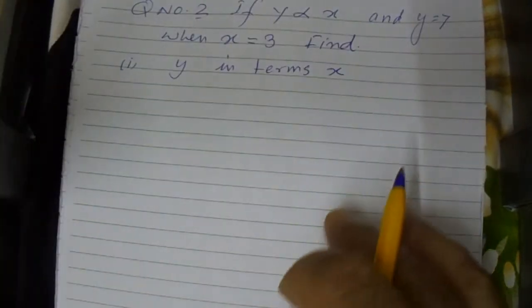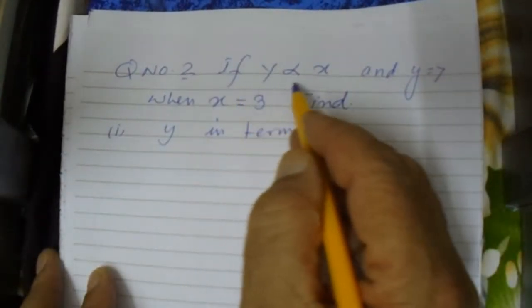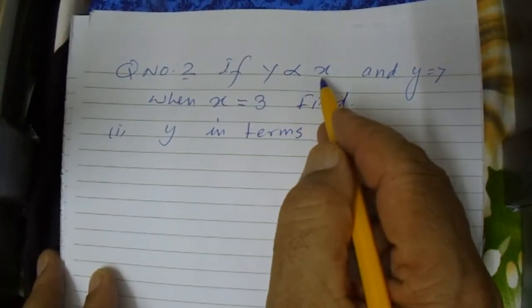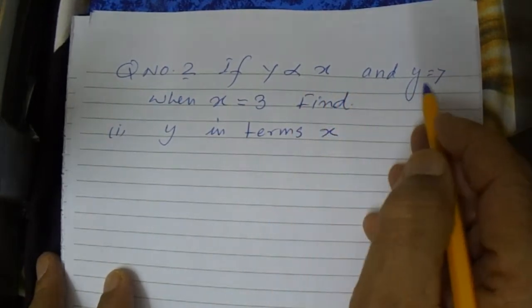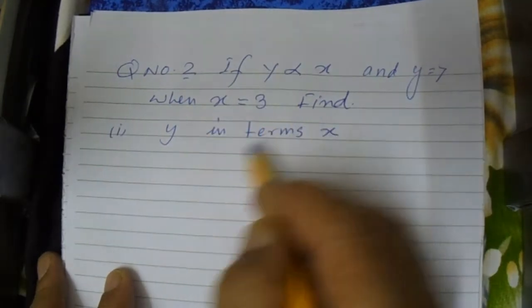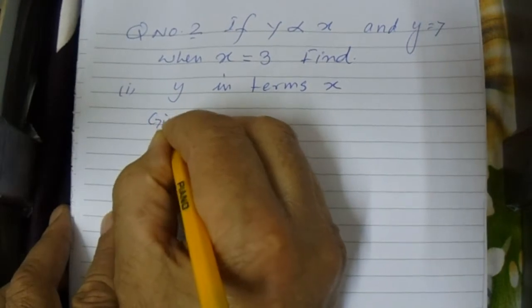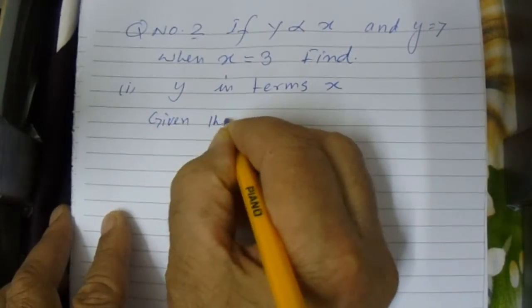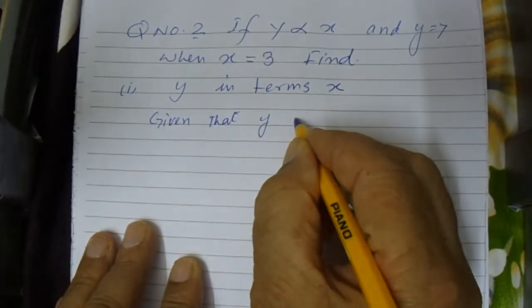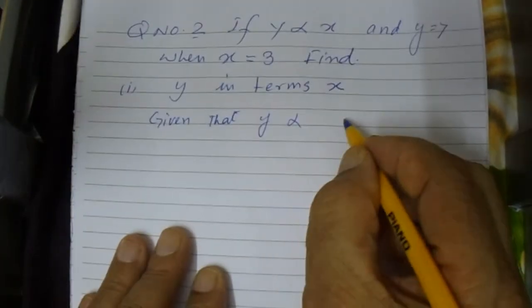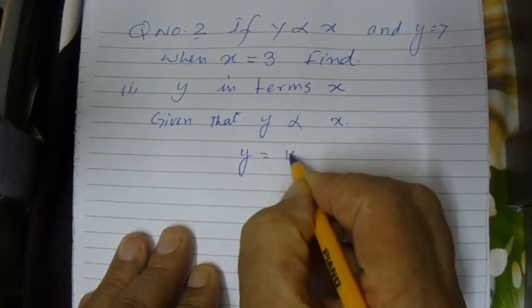Now we write the question number 2. Question number 2 is, if y varies directly as x and y is equal to 7 when x is equal to 3, find y in terms of x. Given that y varies directly as x, and we write this y is equal to kx.